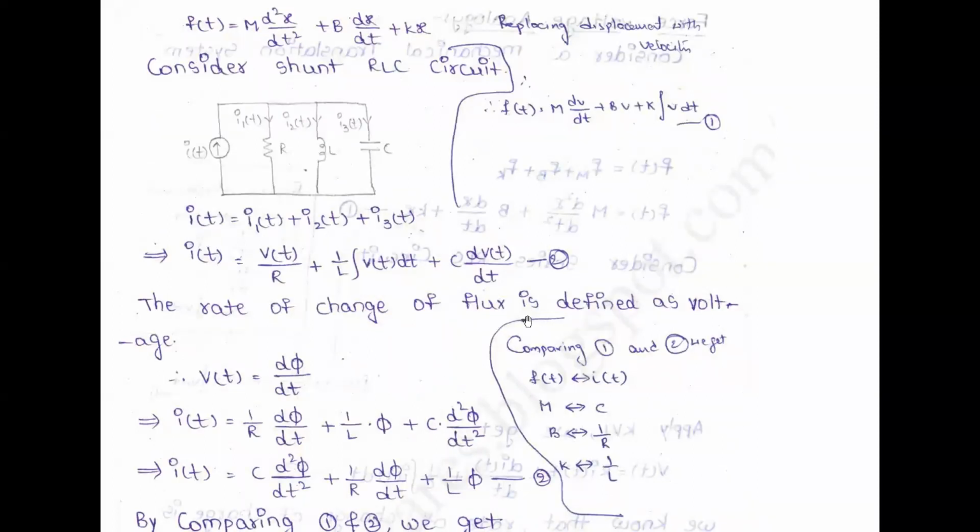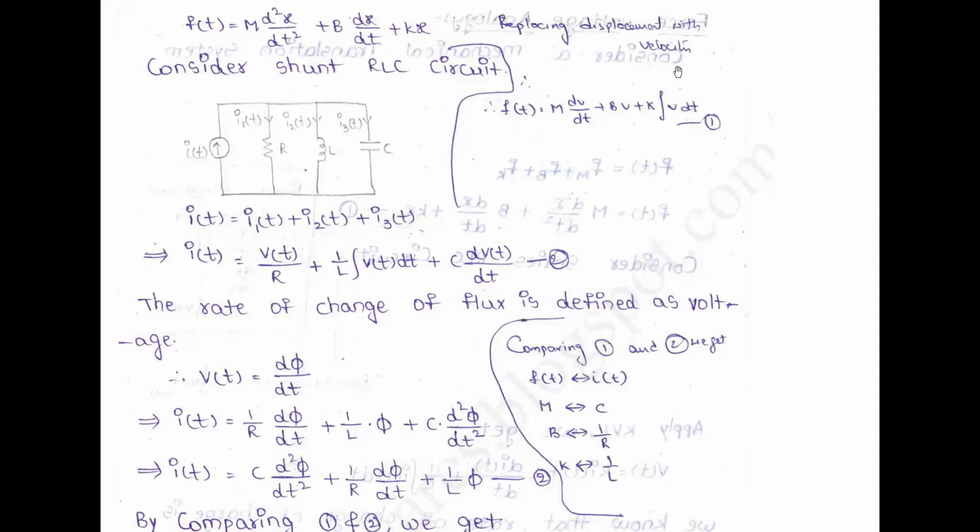As I told you earlier, in the force current analogy, the same three elements are connected. M into d square x by dt square, B into dx by dt plus K into x. The replacement of displacement with velocity is the same in force voltage and force current.